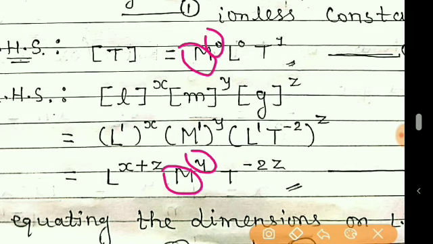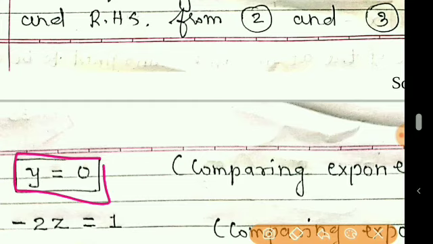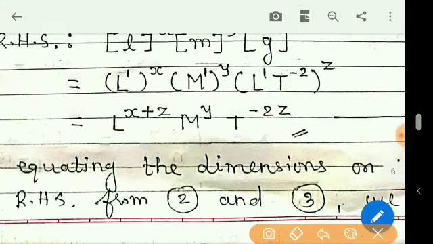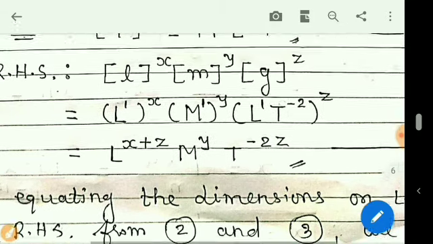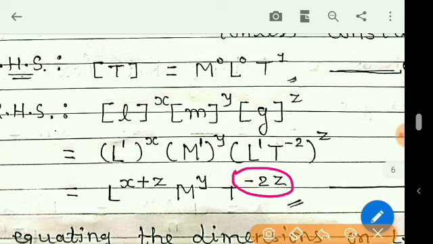So directly we obtain y is equal to 0. Then we will compare the power of T. Here it is minus 2z and here it is 1.